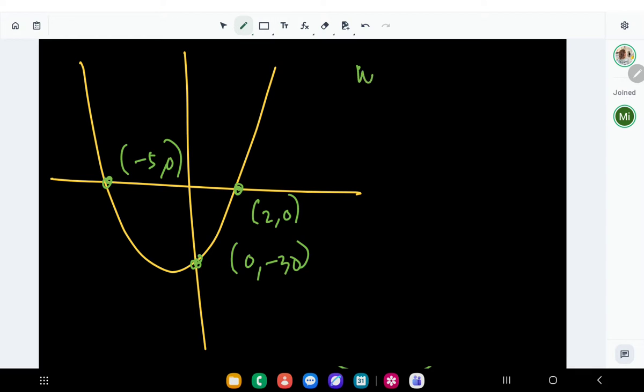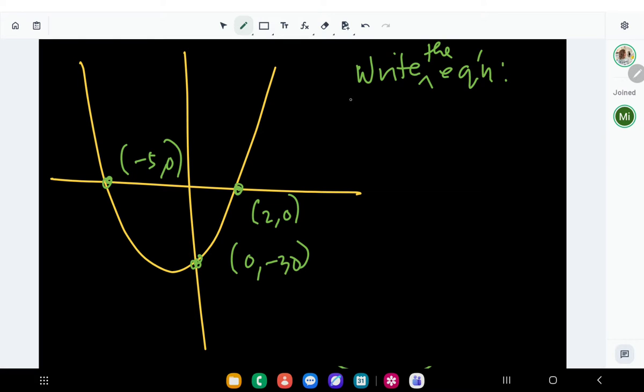Write the equation. How do you write the equation for that?